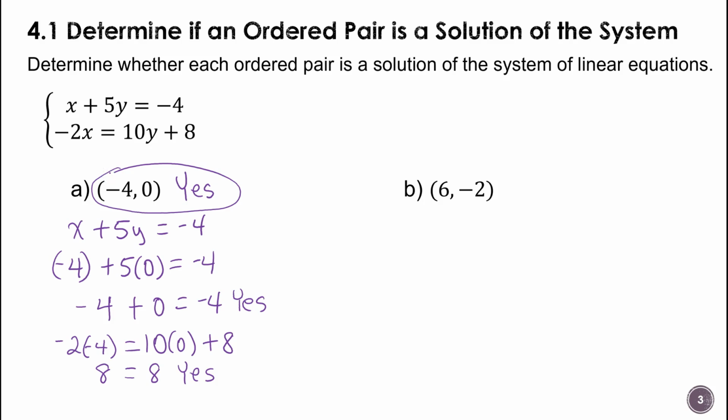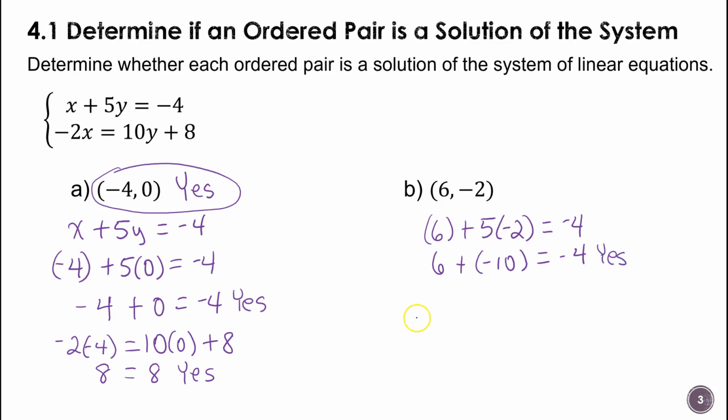Now we're going to try this other ordered pair. Same thing, so I'm going to put 6 in for x and negative 2 in for y in each equation. So that's 6 plus negative 10, or you could just say minus 10, equals negative 4. And that is true, because that is negative 4 on the left-hand side. So this is a yes.